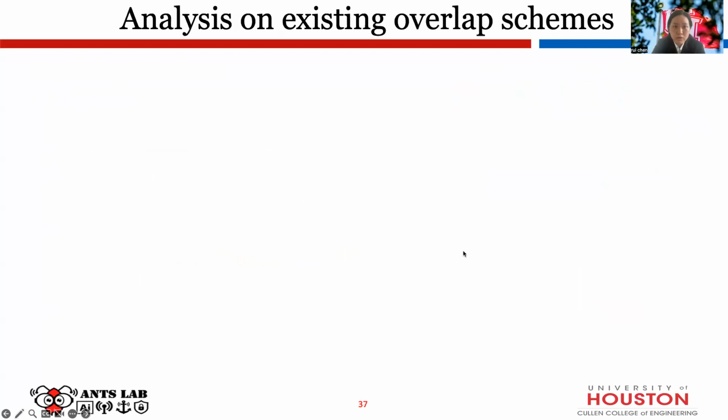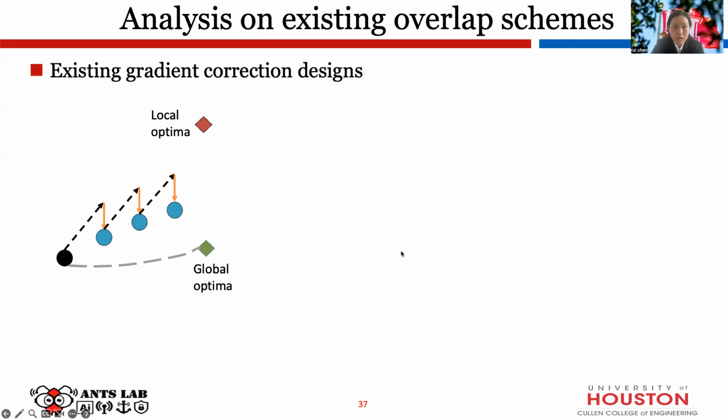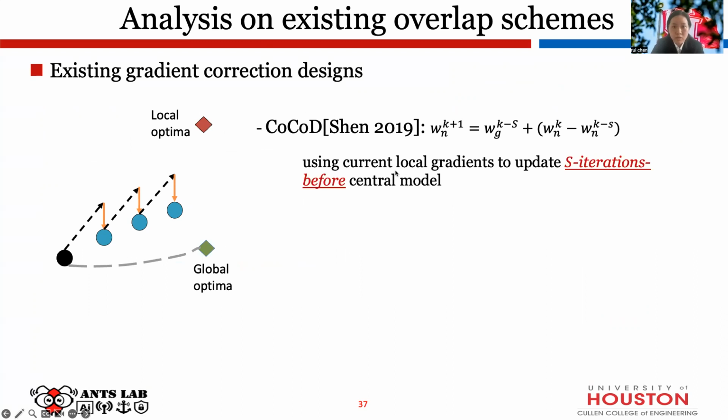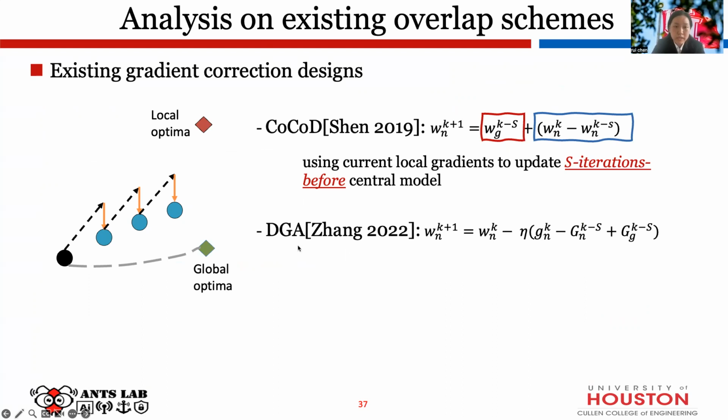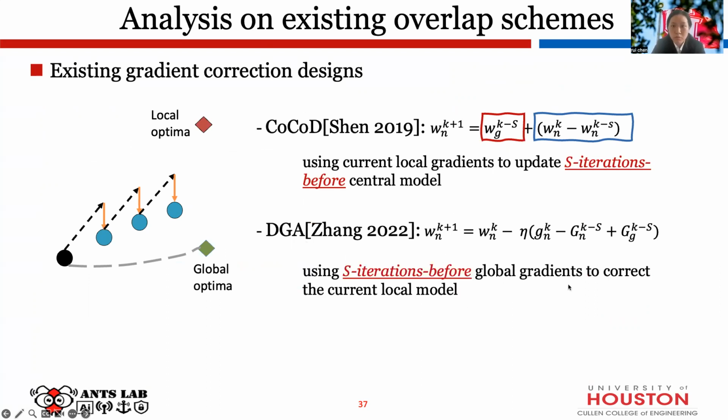The existing works handle the staleness information using correction designs. For example, COCO-D SGD was using the current local gradient, shown in the blue box, to update the global model and turn it into a local model for the next round of training. And also recently, a state-of-the-art overlap scheme named DGA was using all the global gradients to correct the current local models.